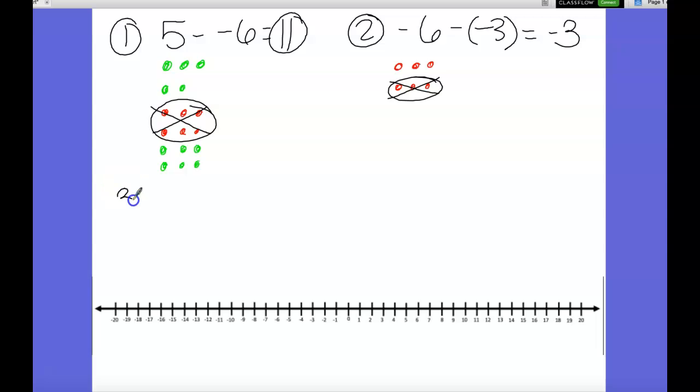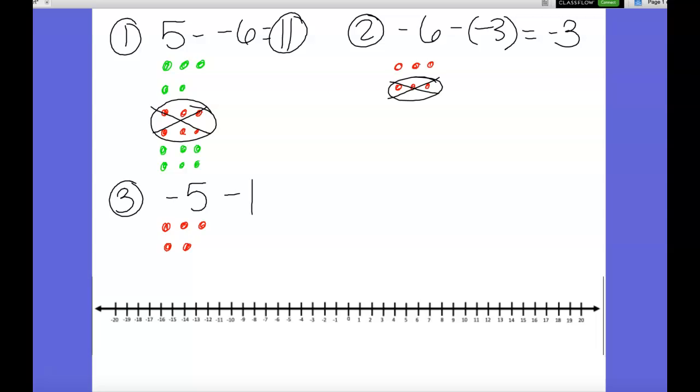My last drawing example is going to be negative 5 minus 1. So I'm going to start off with 5 negatives. And then it says to take away 1 positive.